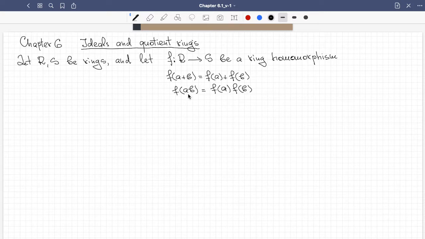These plus addition and multiplication are in the ring R, while this addition and this multiplication are in the ring S. So basically, a homomorphism is a map which respects the ring structure.